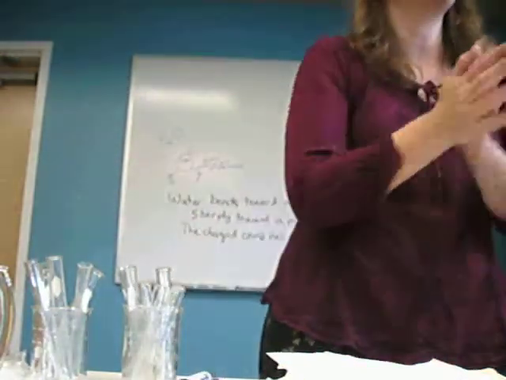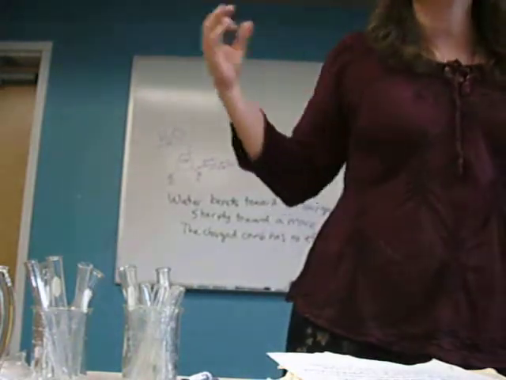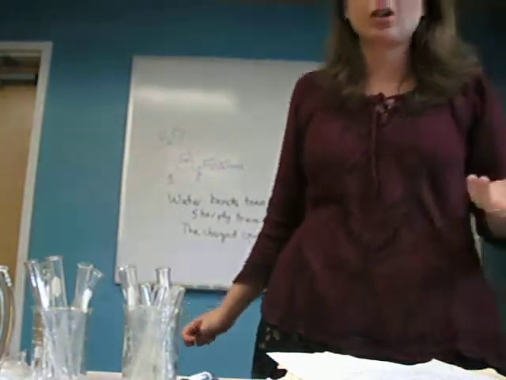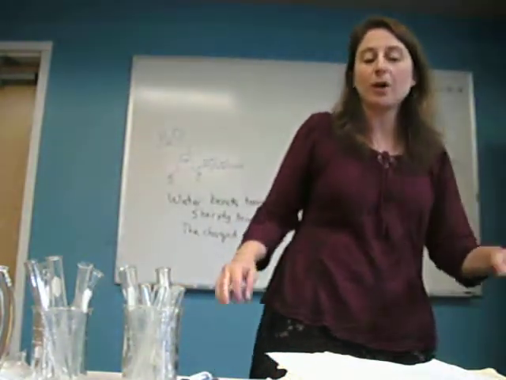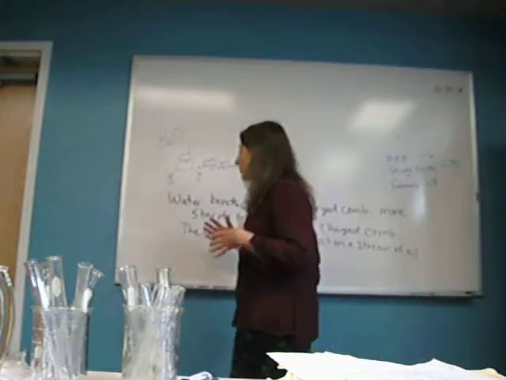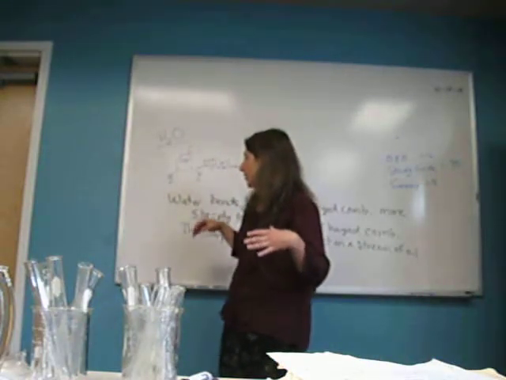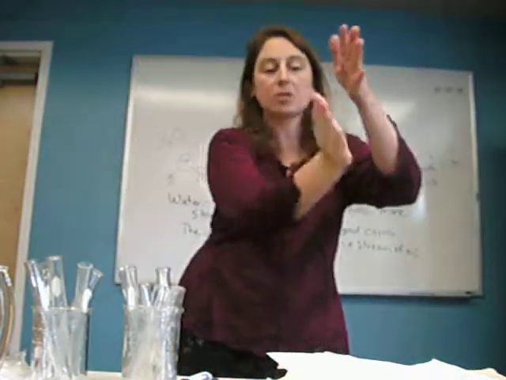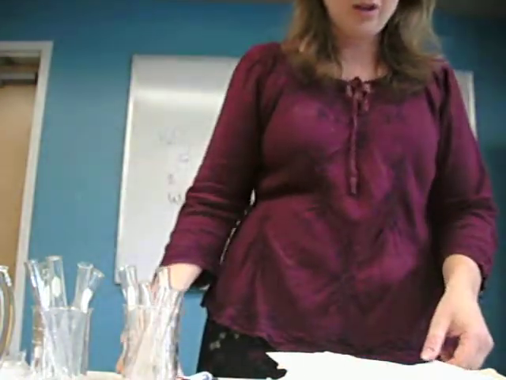Exactly the same thing would happen. You couldn't tell the difference between a positively and a negatively charged comb just by holding it near a stream of water, because the results would be exactly the same. It would bend toward the comb.